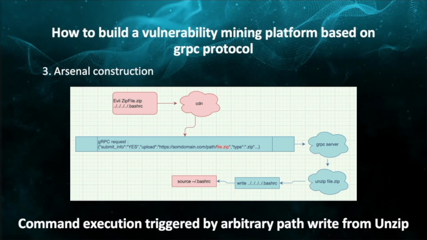Finally, the server downloaded the file and tried to decompress it, and the file overwrote the original bashrc file, which caused the Linux system to execute the shell command in the file.